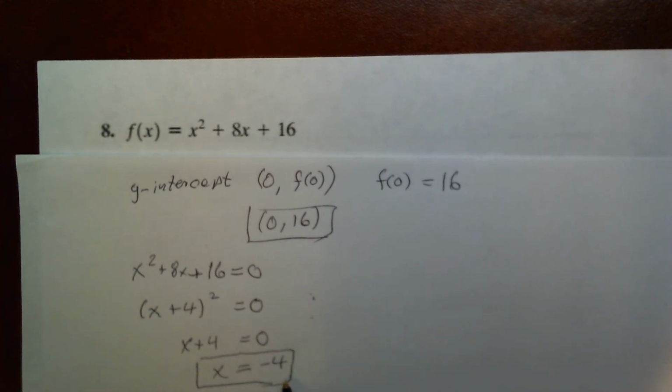And to get an idea how that looks approximately, we have the x and the y coordinate system here, x and y. Here's negative 4. And so then the parabola would look like this, and then intersects at 16.